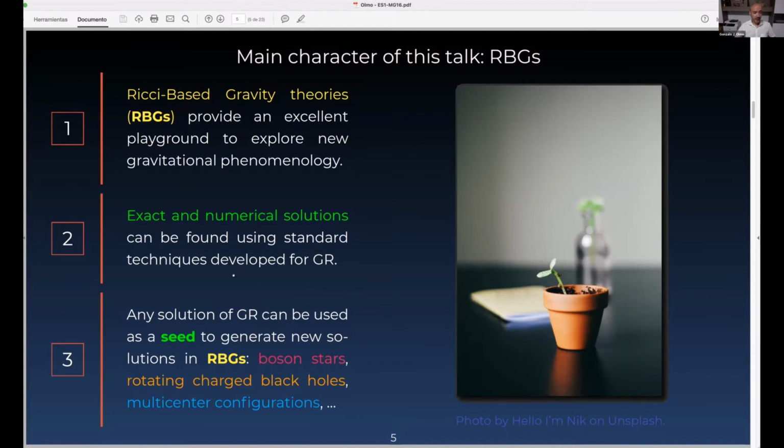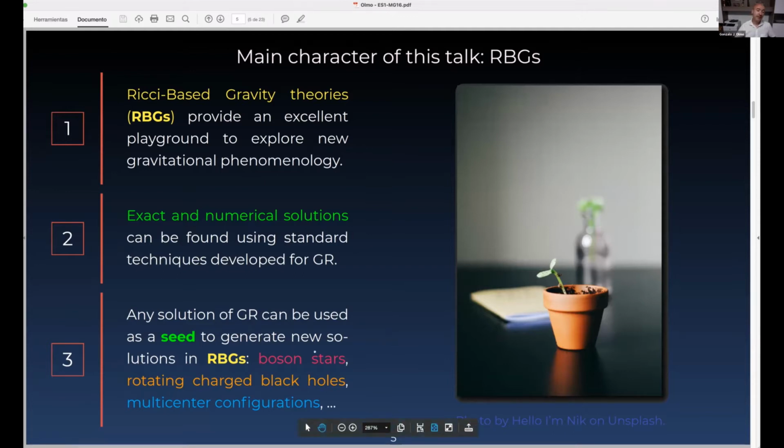This is so because any solution of general relativity can be used as a seed to generate new solutions in this family of theories, not just in the model I'm going to present, but in the whole family. In the last year, we have studied boson stars numerically using this relation between GR and Ricci-based gravity theories, also rotating solutions and multi-center configurations.